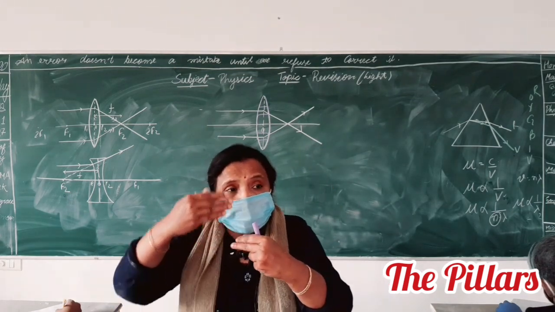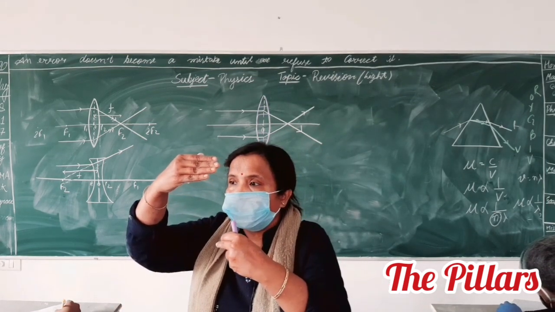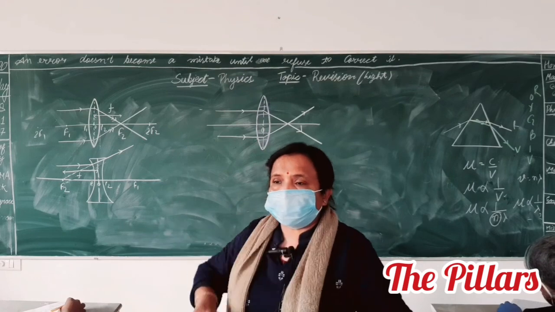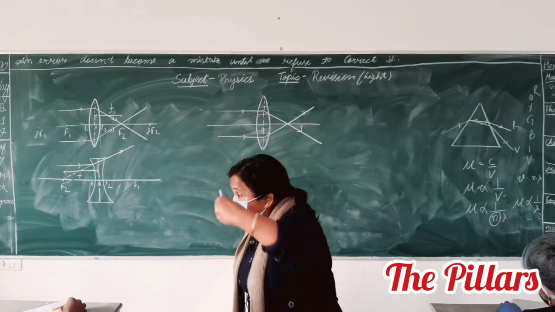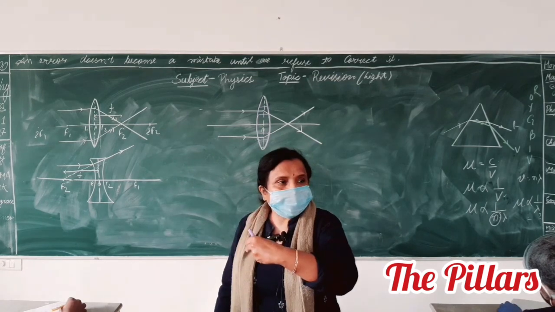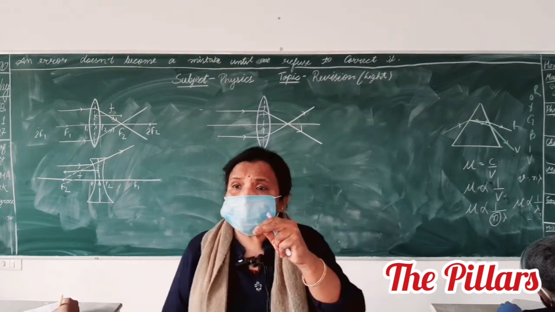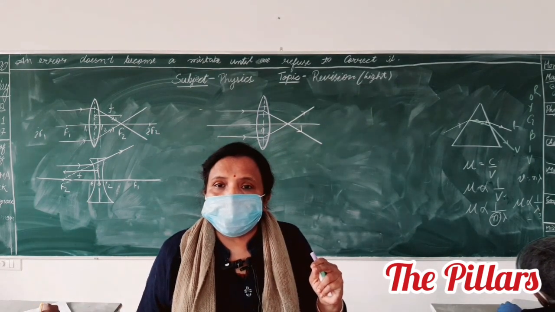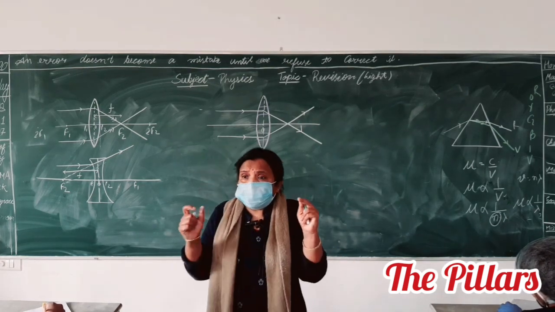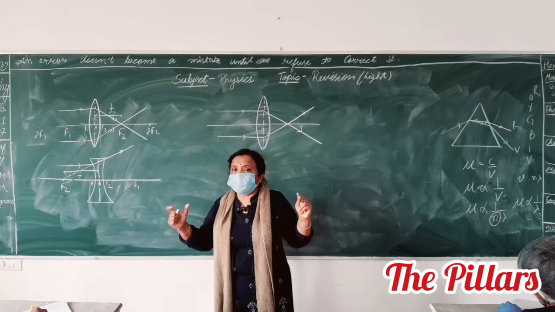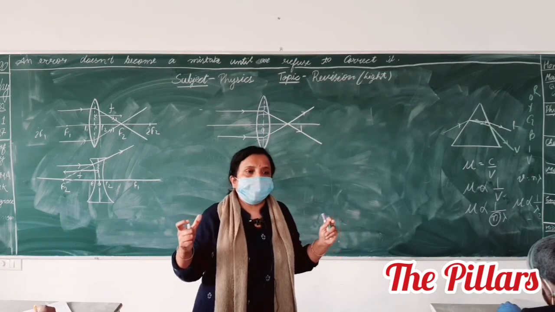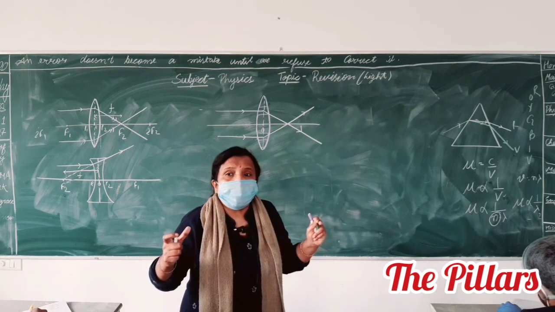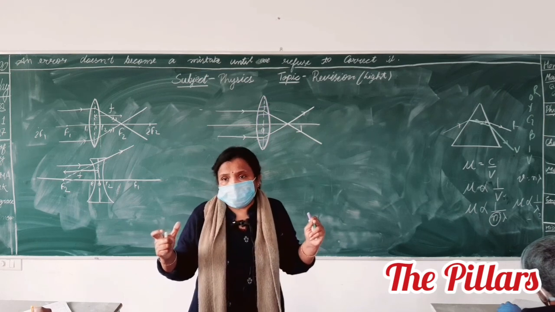The prisms which are above the principal axis have their bases in downward direction, and the prisms which are below the principal axis have their bases in upward direction.